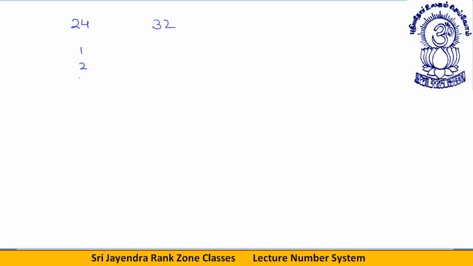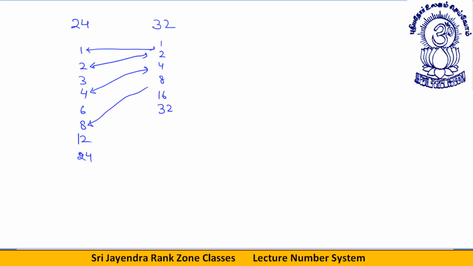Factors of 24: 1, 2, 3, 4, 6, 8, 12, 24. Let's talk about 32: 1, 2, 4, 8, 16, 32. What are the common factors? These are the common factors: 1, 2, 4, and 8.